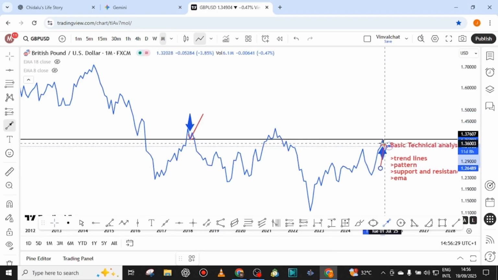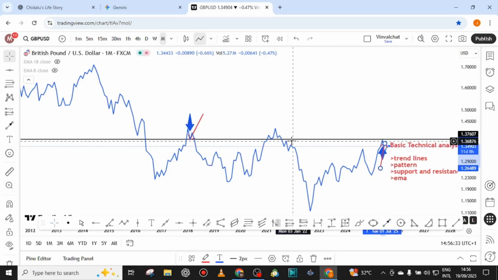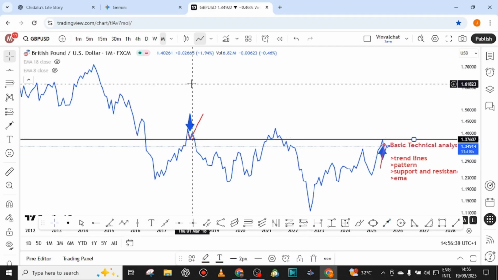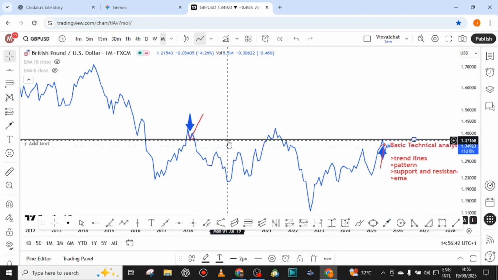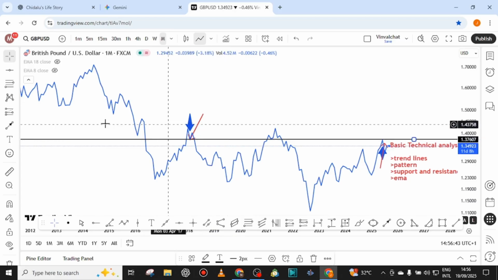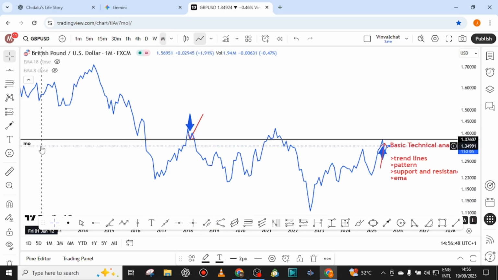Anytime you see this, this is where you drop your horizontal line, and your horizontal line is going to be your monthly support and resistance. Now you touch your horizontal line and you can add the text monthly SR, that's the support resistance line.